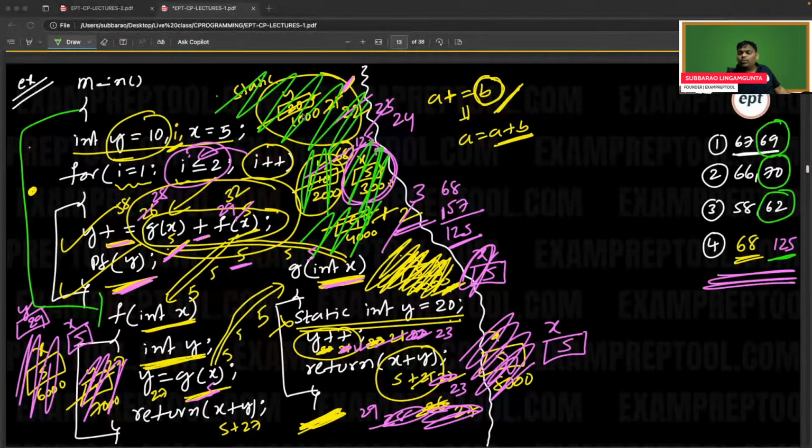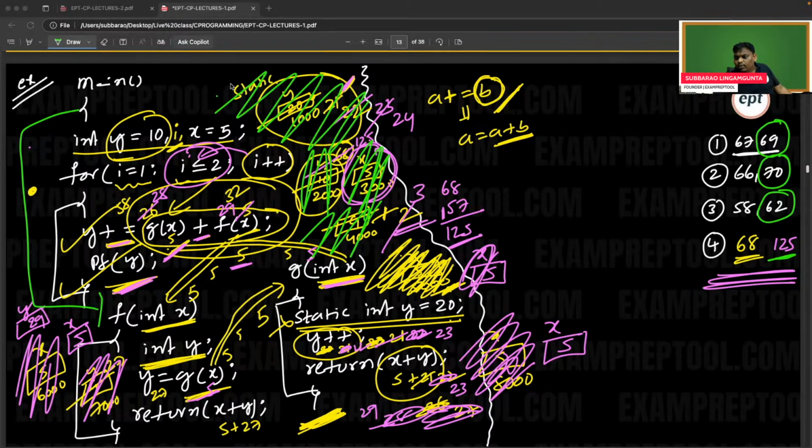If any variable is a static variable, its lifetime is the total program. But local variables' lifetime is within the function.